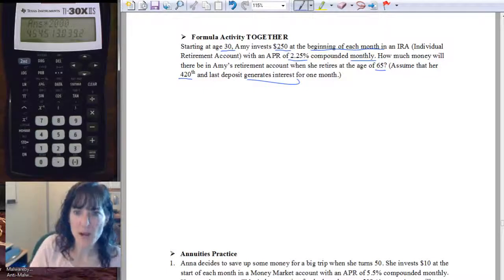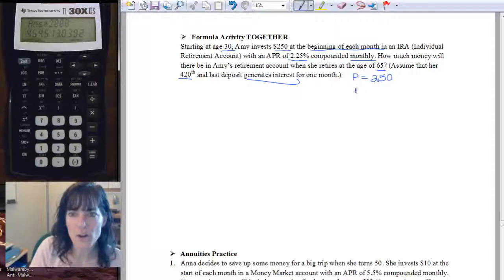Now let's see if we can write out all those values that we've figured out. So her principal, or starting present value, her monthly payment will be $250. Her little rate is 0.0225.